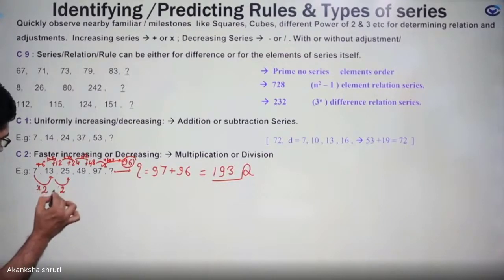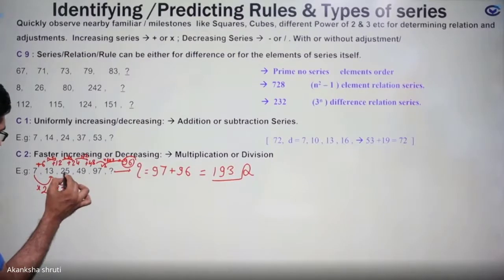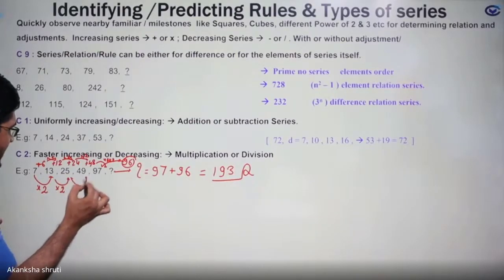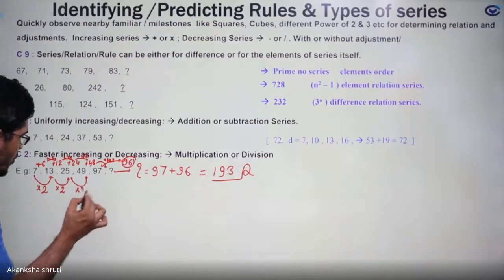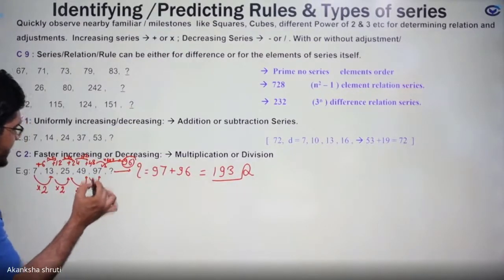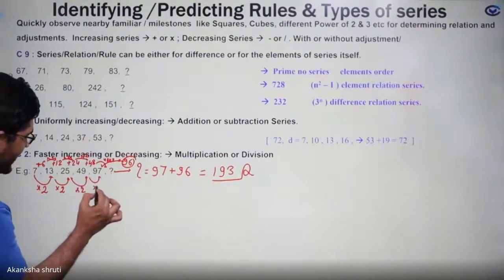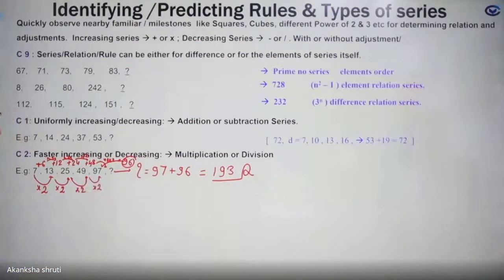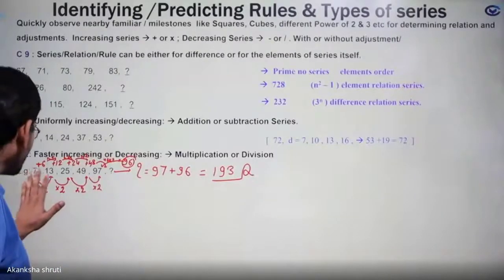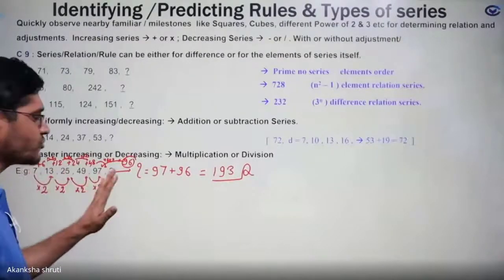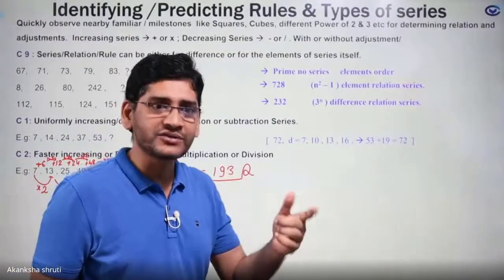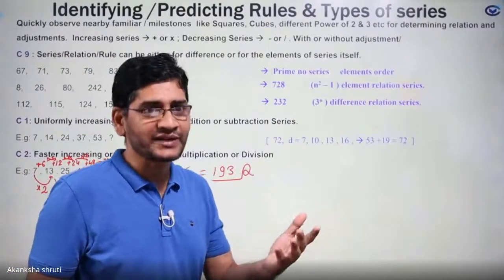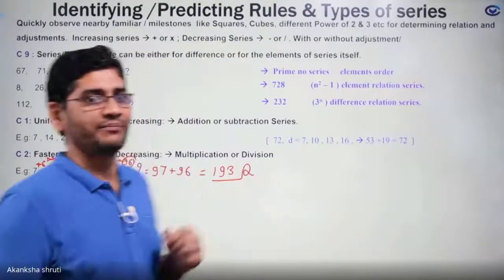Keep in mind, also 25 and 49, 49 is roughly the double. Then 49 to 97, it is roughly twice, not exactly. Now the next number is roughly twice but not exactly twice. It means we have to do some adjustment, either addition or subtraction, to reach the exact number.